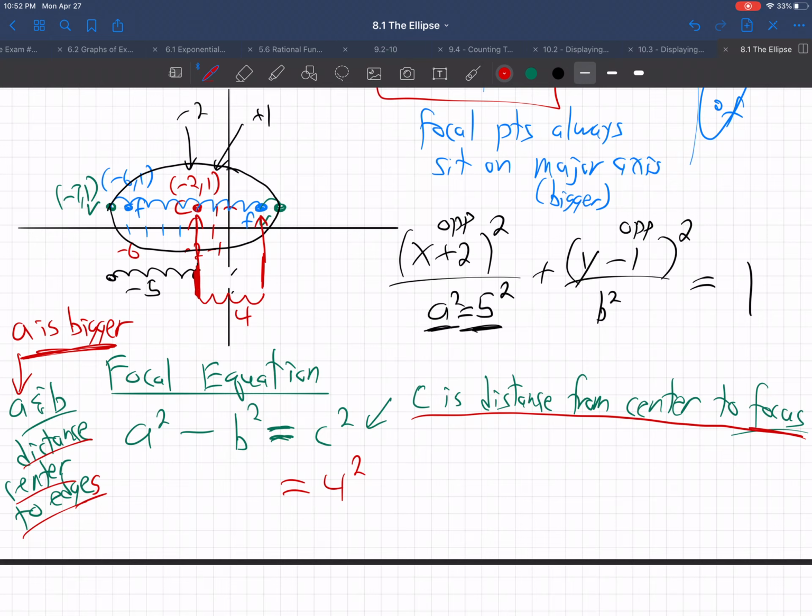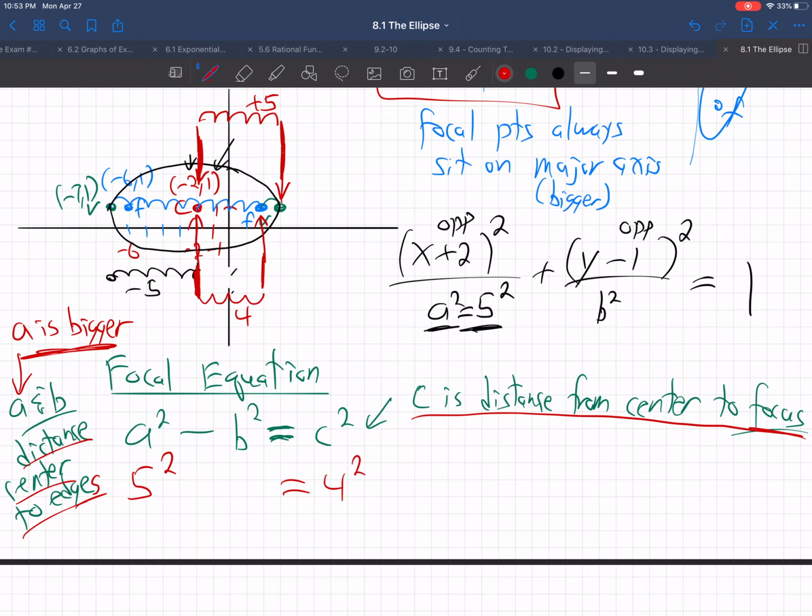And A and B are how far from the center to the edge. From the center to the edge, this is 1, 2, 3, 4, 5. So this must be 5. And by the way, I do know that is A because that's the bigger direction.